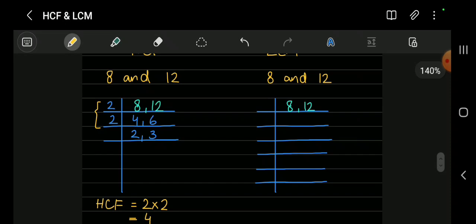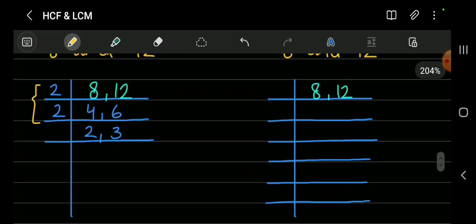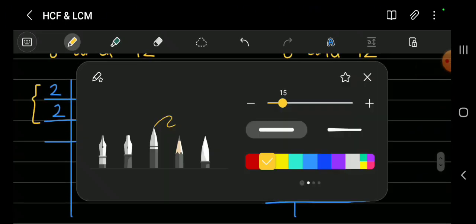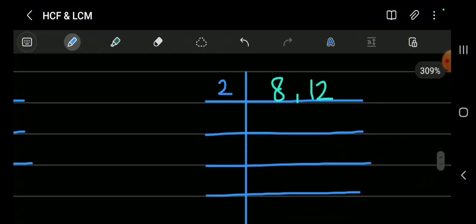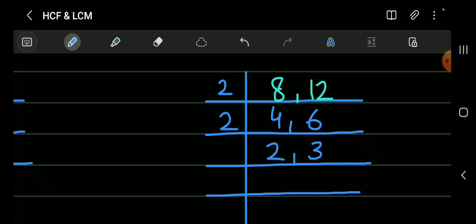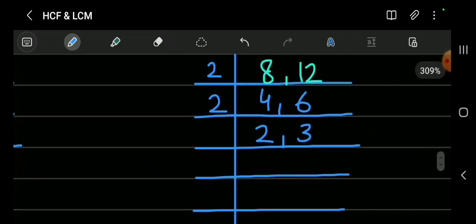Now let's see, for the same numbers, how to find the LCM. For LCM, you start the same way: 2 4 times is 8, 2 6 times is 12, 2 2 times is 4, 2 3 times is 6. See that now the common factors have ended. Now if you take any number, it will only divide one number. So 2 1 times is 2, 3 as it is, and 3 1 times is 3.